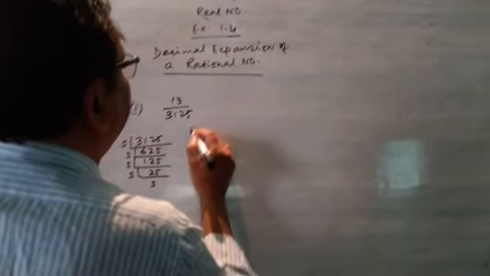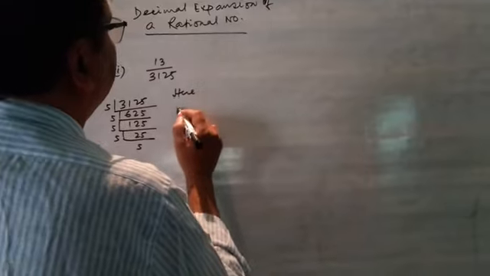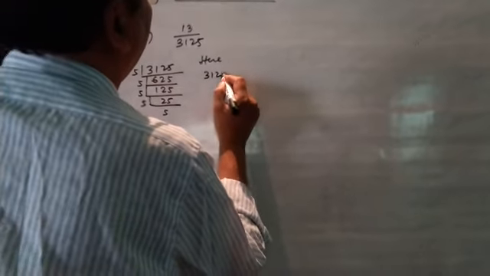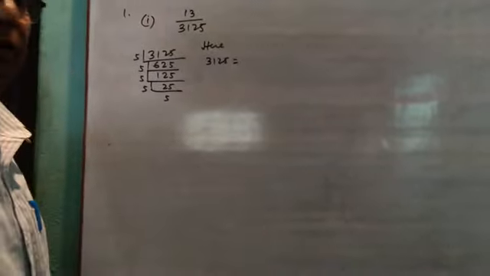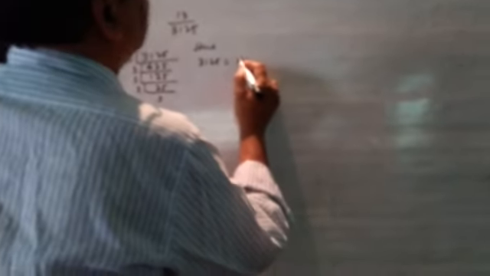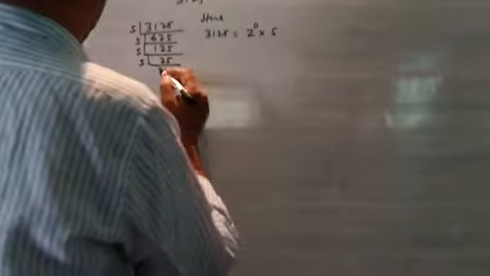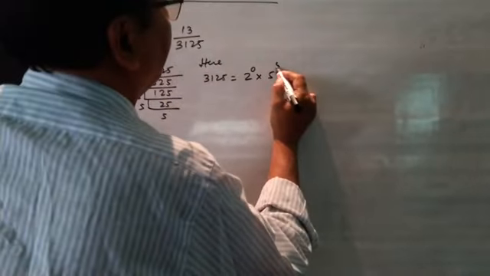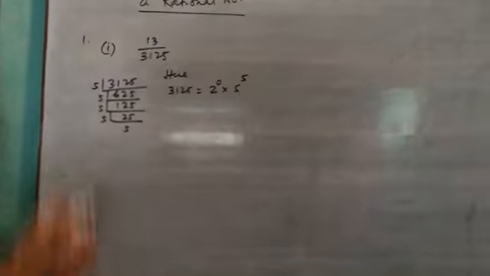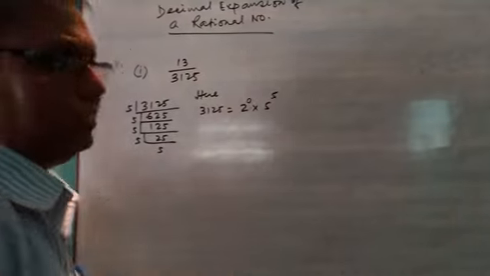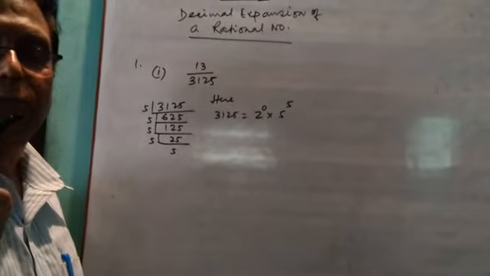See, here 3125 is equal to the denominator we are taking, 2 to the power 0 into 5 to the power 5. 5 fives are there and no 2s are there. Therefore 2 to the power 0. What is the meaning of 2 to the power 0? 2 to the power 0 means 1.